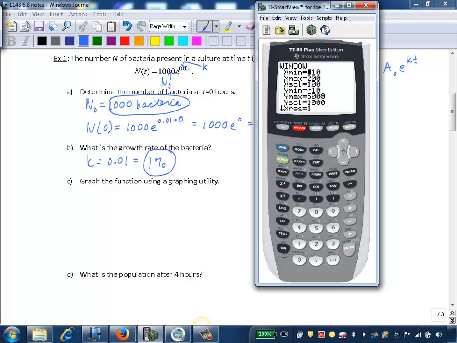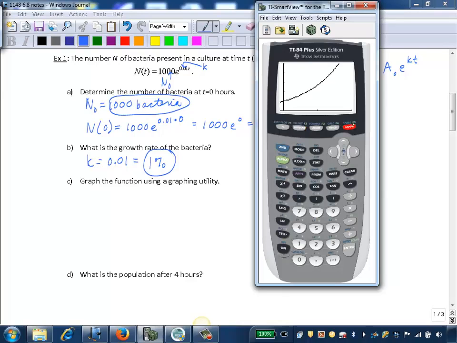And then we started at 1,000, so you at least want to go past 1,000, and just for example, I chose going up to 5,000. And since I increased that range of values in the y values from -10 to 5,000, that's 5,010 units, I increased my scale from the standard default to 1,000. Again, just one example of a useful viewing window.